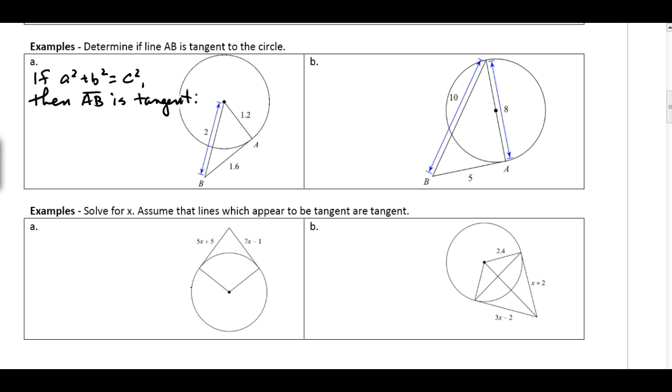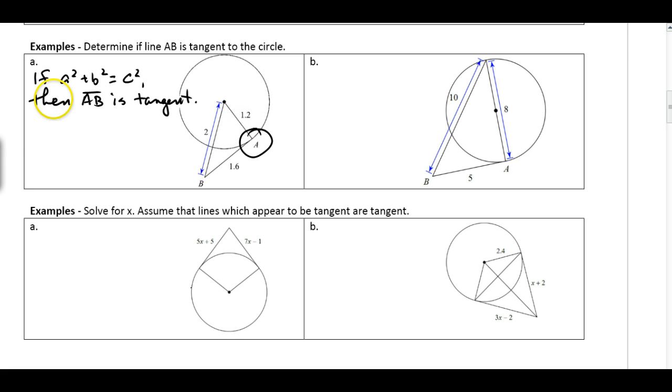Okay, so if I can show that this is a right triangle, then this will be a right angle, which means that AB would be tangent. So this is the angle that would be our right angle here at A. So these would be the two legs if this is a right triangle.